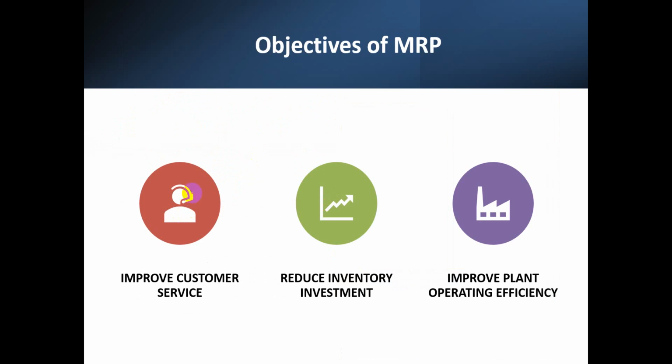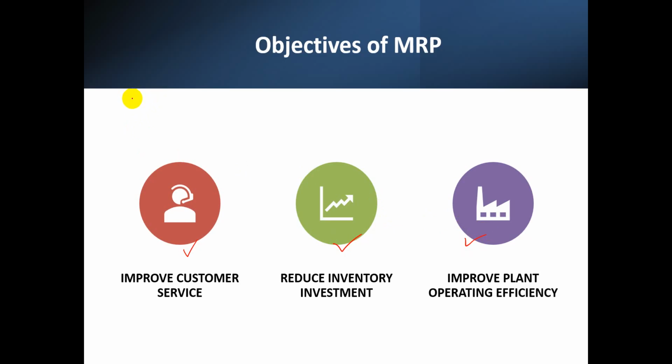So what are the objectives of MRP? MRP improves customer service, it also reduces inventory investment, and it also improves plant operating efficiency. It's because the customer ultimately wants the material in his factory as per his requirement.